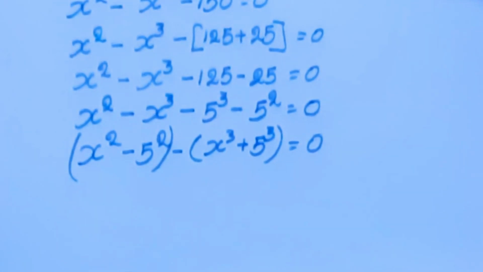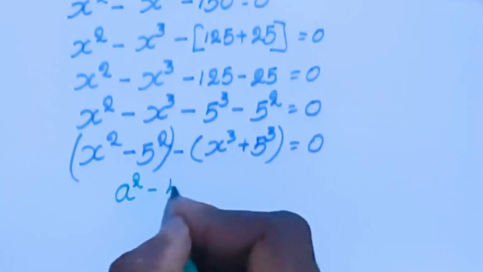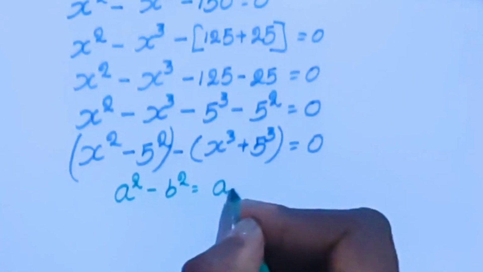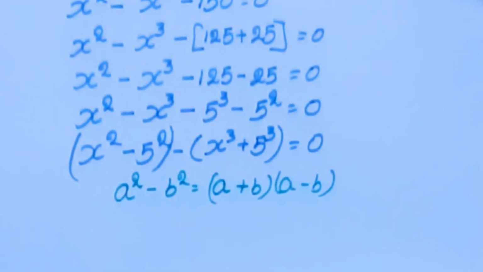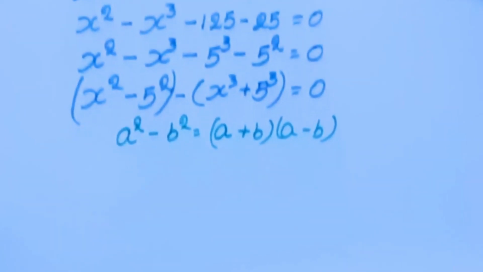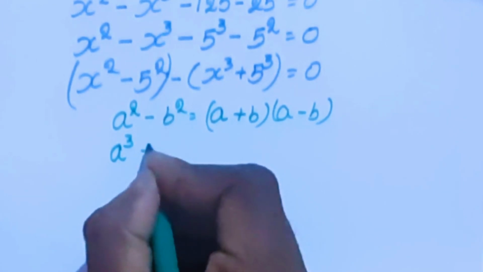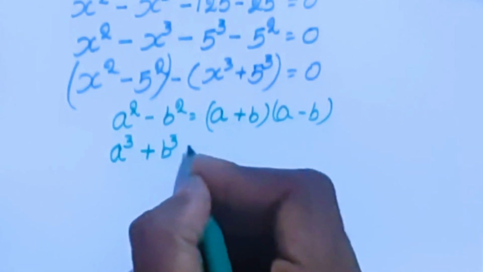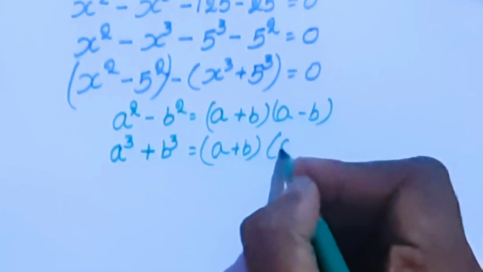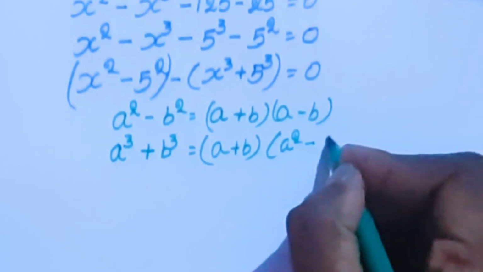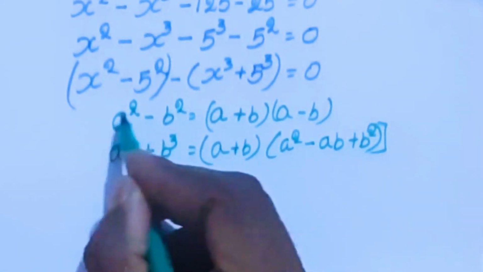Now we are going to apply this algebra formula, that is a^2 - b^2 = (a + b)(a - b). Also a^3 + b^3 = (a + b)(a^2 - ab + b^2). This formula we are going to apply here.